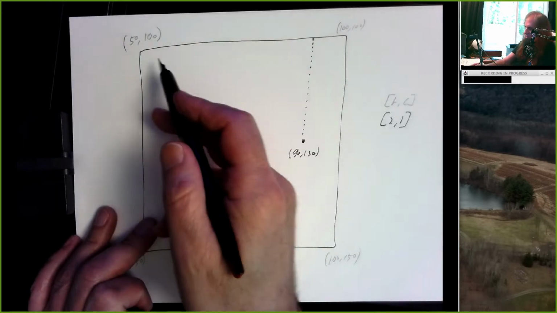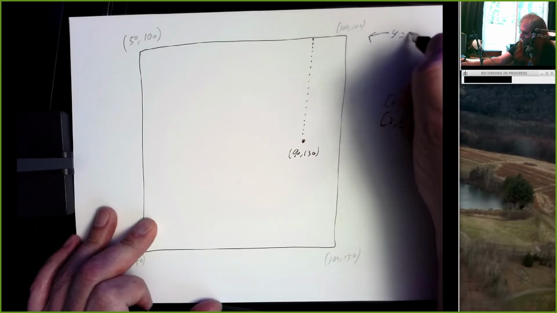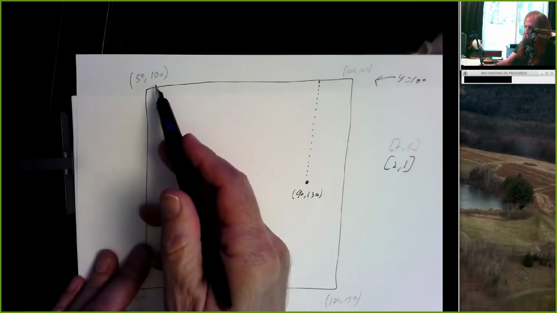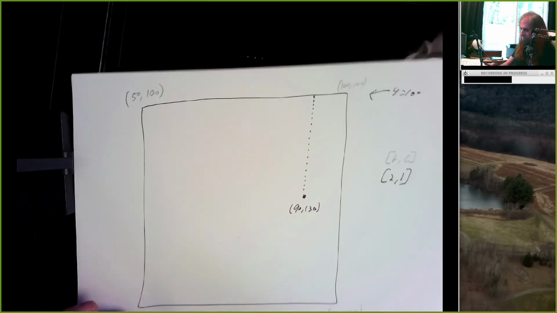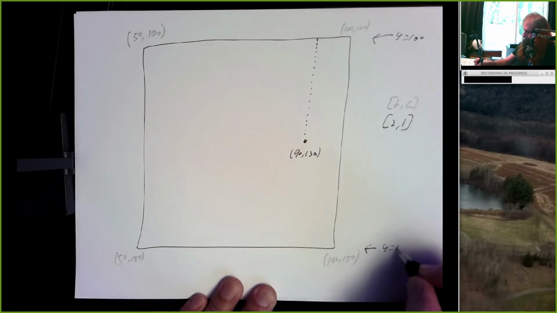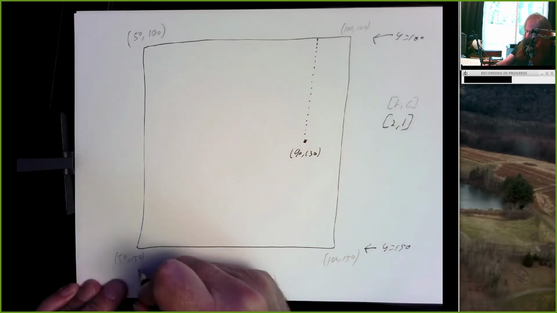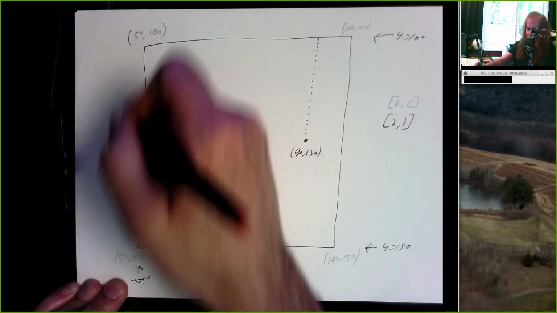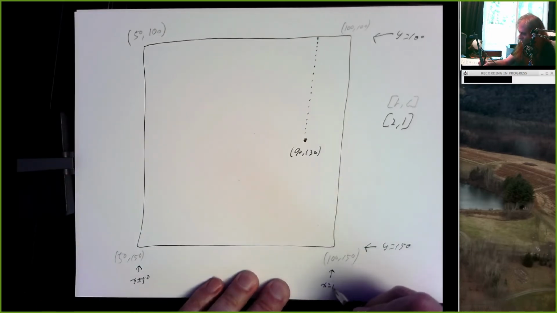So this top line, everywhere along here, Y is equal to 100. We can use this 100 or we can use that 100. But everywhere along this top line, Y is equal to 100. Everywhere along this bottom line, Y is equal to 150. Everywhere on the left, X is equal to 50. We could use either X coordinate. And everywhere on the right, X is equal to 100.